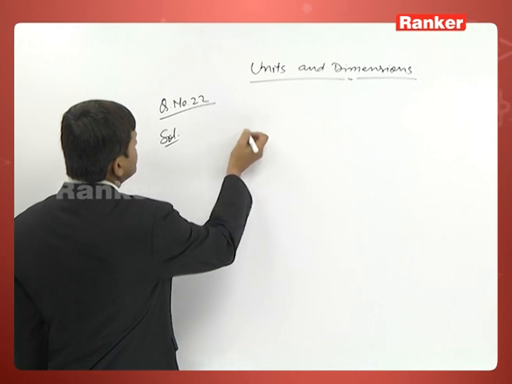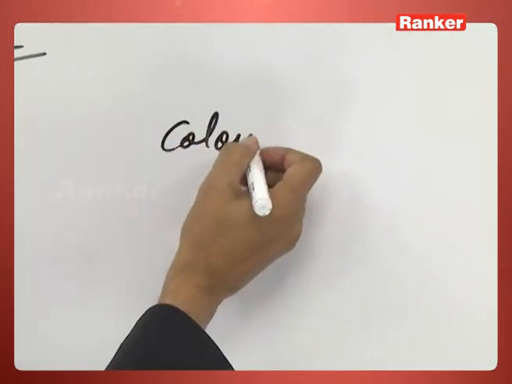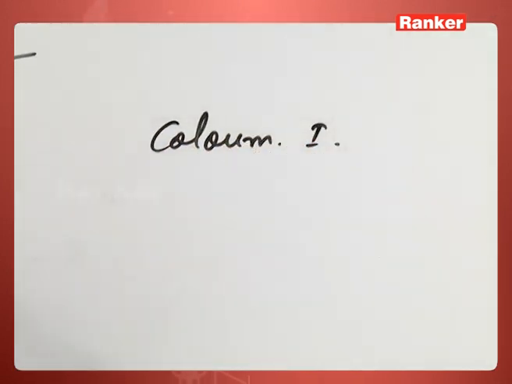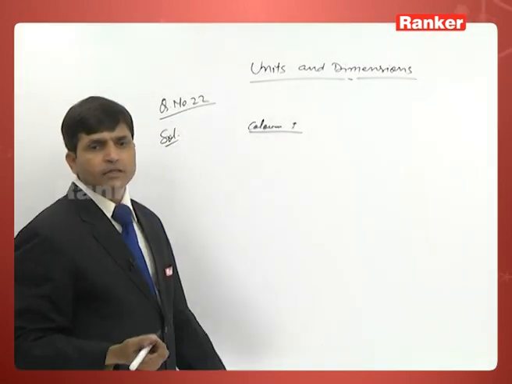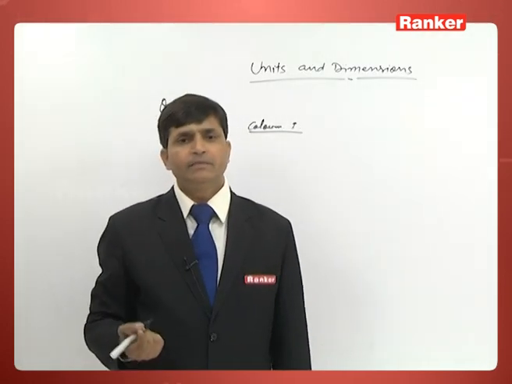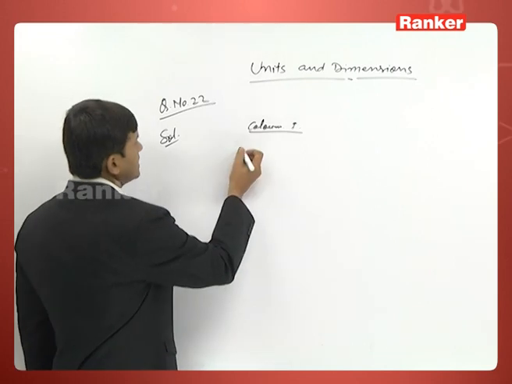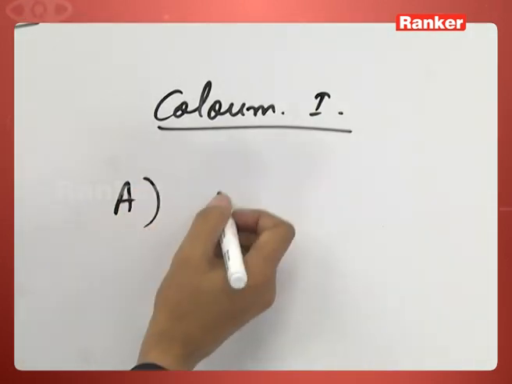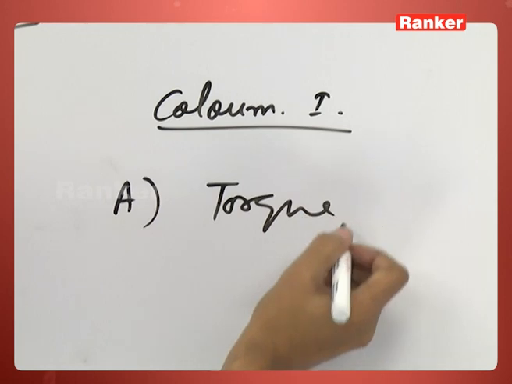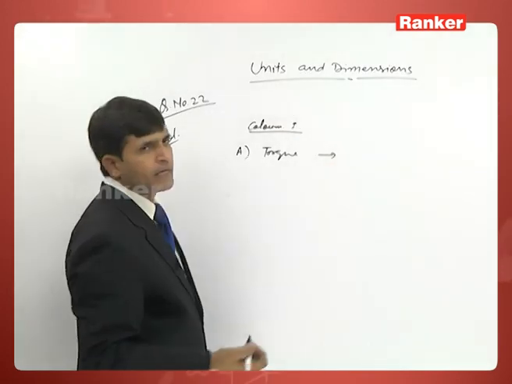First, see in column 1. In column 1, we would like to write all the parameters A, B, C, D. A is torque. First, we will find the torque value.